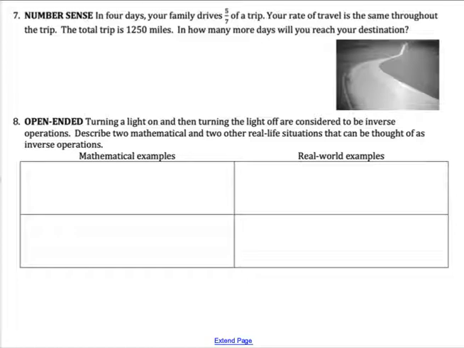Number 7, you're going to set up and solve an equation here to find out how many more days it will take to reach your destination. I do give a hint here. You're probably going to want to make a variable, maybe x, equal to how much you go in one day, the daily amount of the drive.